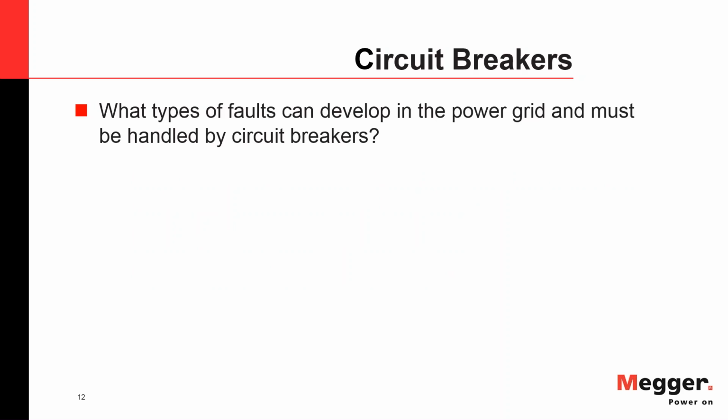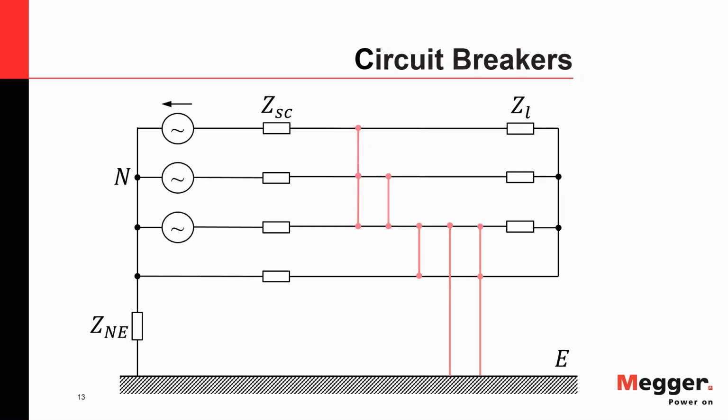When we're talking about circuit breaker testing, the circuit breaker is the last stand of protection and the key element of protection, actually performing the duties of interruption, closing and load switching. What faults can we have in the grid? I put all of them in the same diagram, so don't be confused.